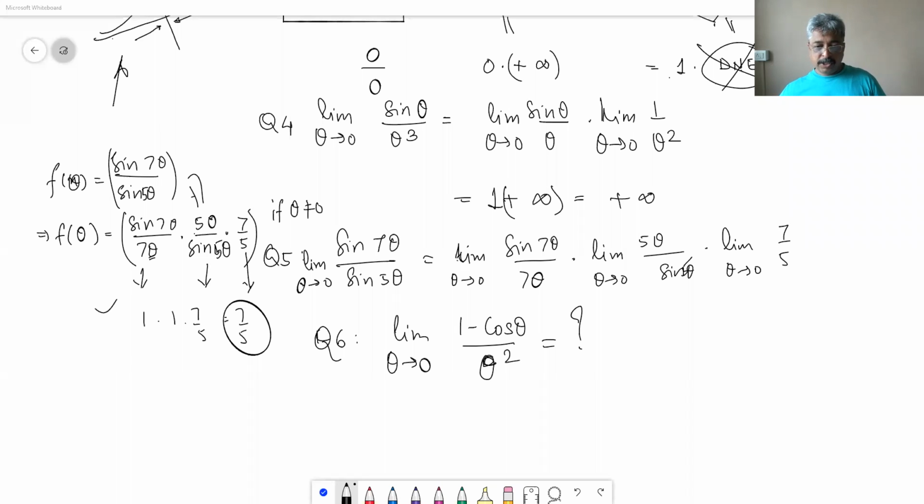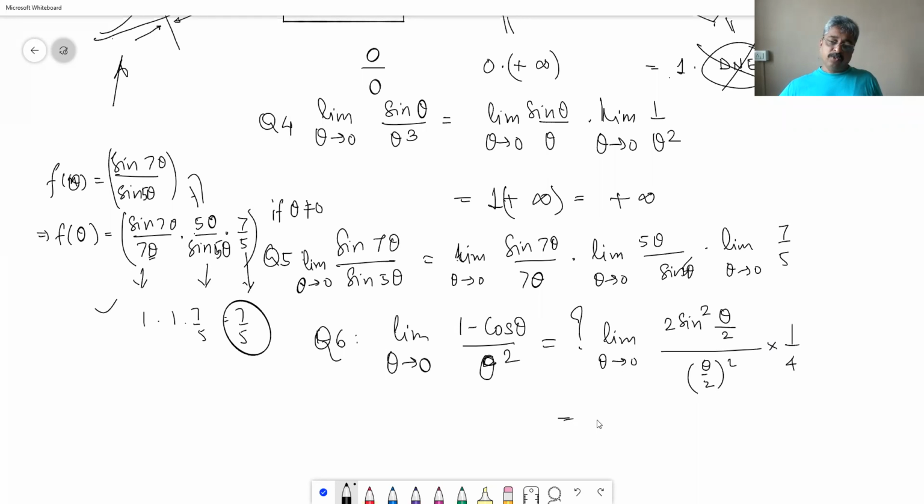Okay, answer is: 1 minus cos theta is 2 sine square theta by 2. Now you should adjust it by theta by 2 square, but then you are unnecessarily multiplying by 4, so you should multiply this by 4, something like that.